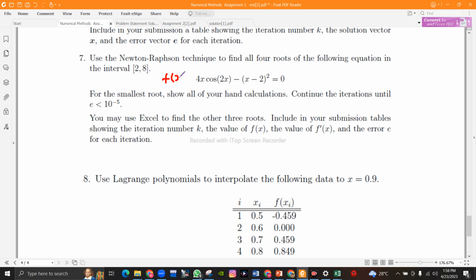Note, we need f prime of x. We need the derivative of f. This is our f of x. We need the f prime of x. We need to differentiate that. So if we differentiate this very well, you should get 4 cos 2x minus 8x sine 2x minus 2x plus 4. I know you are very good with differentiation.